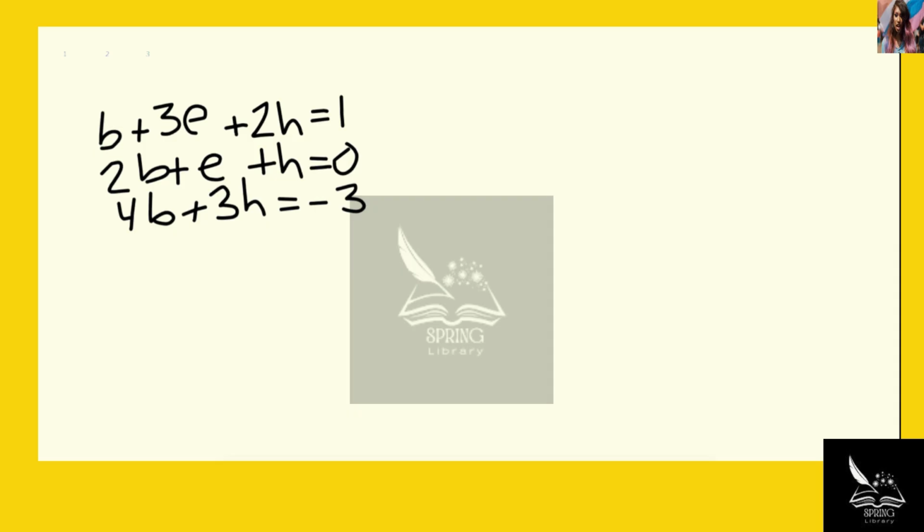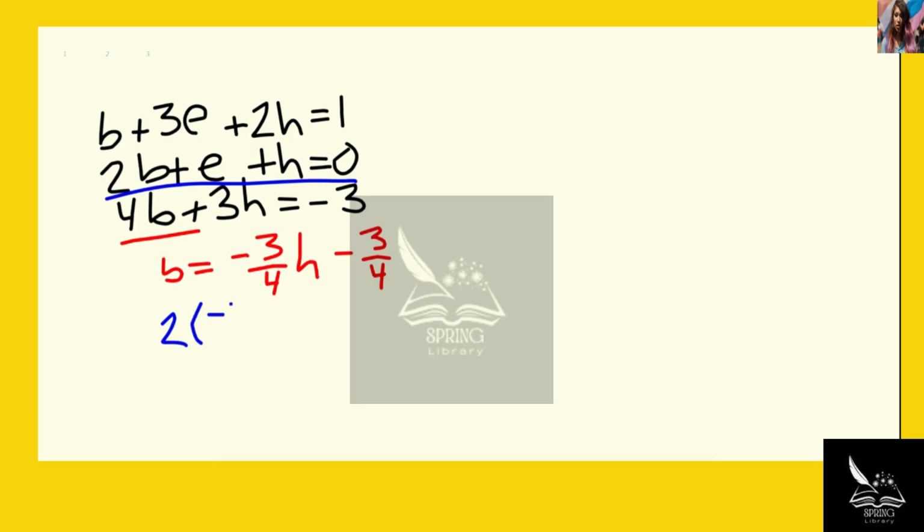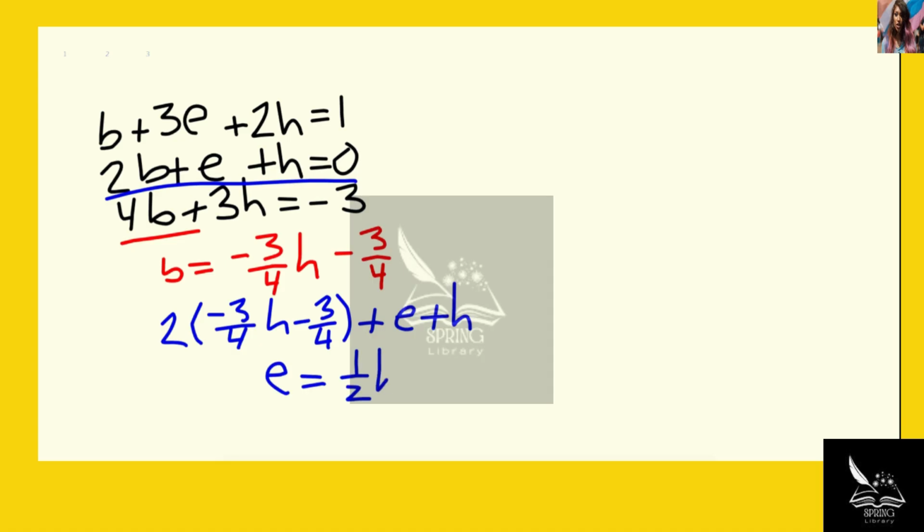All right, by a similar process, we'll start with this first equation here and solve it to get that B is equal to -3/4 H minus 3/4. And then we'll move on to our second equation, putting what we found for B into it. So we would get 2 times this -3/4 H minus 3/4 plus E plus H, which will eventually give us, when we solve that, E is equal to 1/2 H plus 3/4.